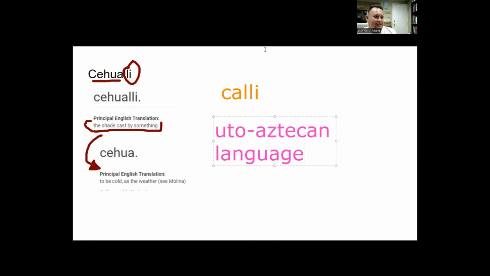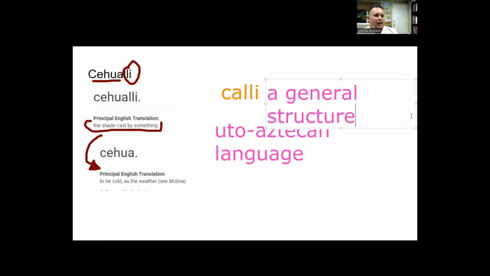A lot of people say gali means house, but that's more like a classical definition, which is not wrong. It's house. But if you ask a Nahuatl speaker, they will say that a gali is not a house. A gali is a general structure.